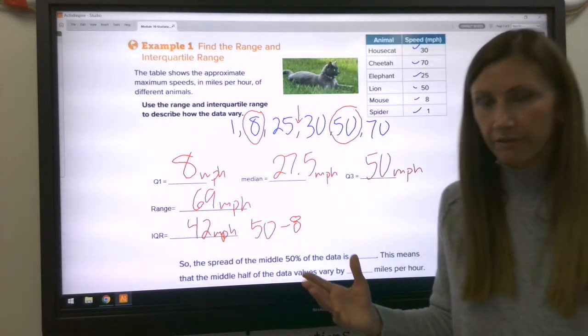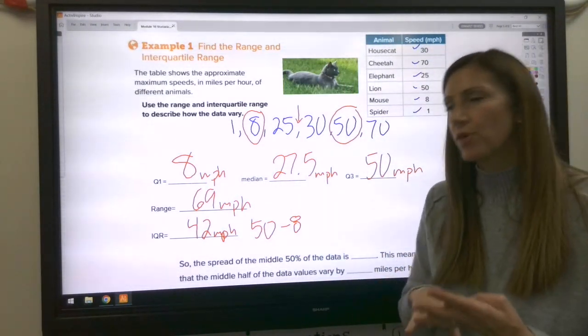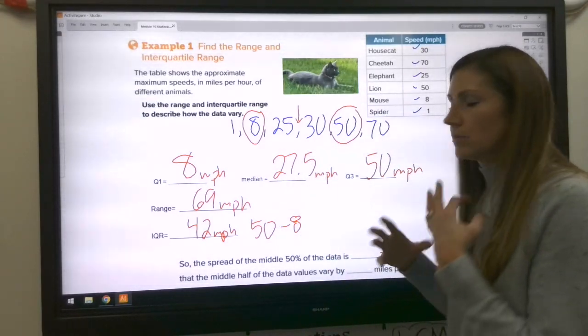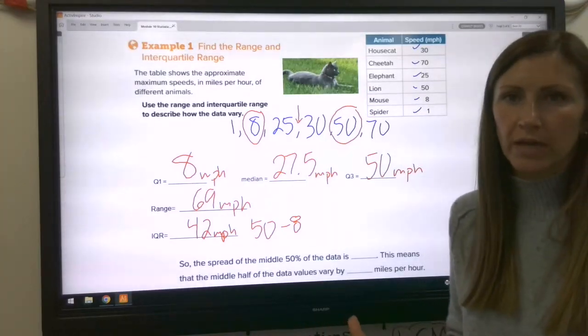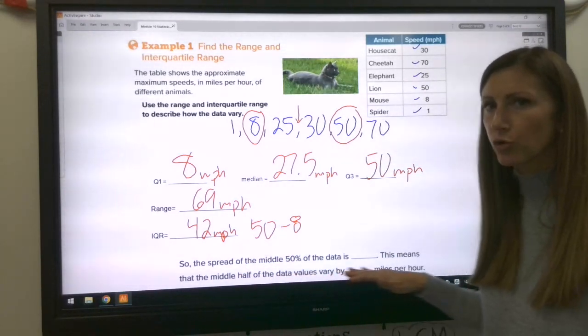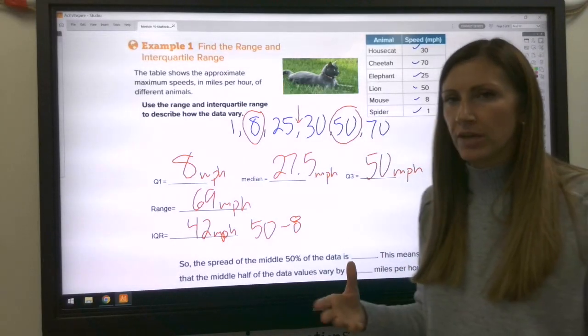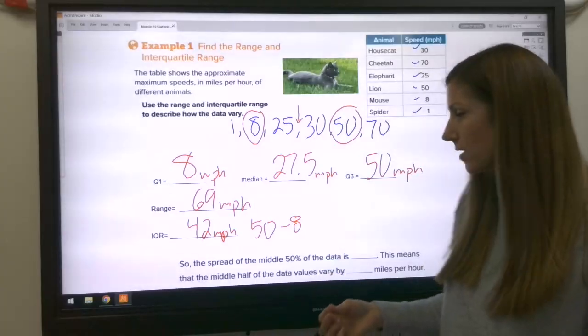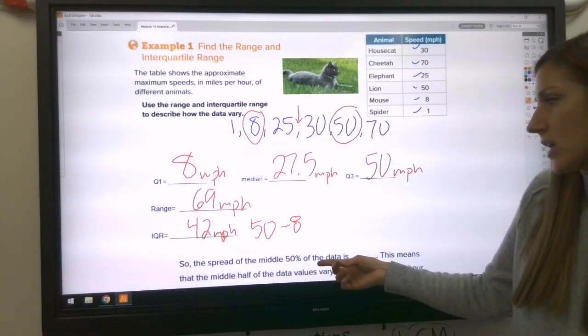All right, so this is what we get from it. Again, mean, median, mode, range, quartiles, interquartile range. What does it all mean, and how are we analyzing it? So to start off, I'm going to have some statements that you'll fill in the blank for, and you'll get more comfortable with how you're supposed to describe it and things you're supposed to say in order to describe it. This one's a pretty quick statement.